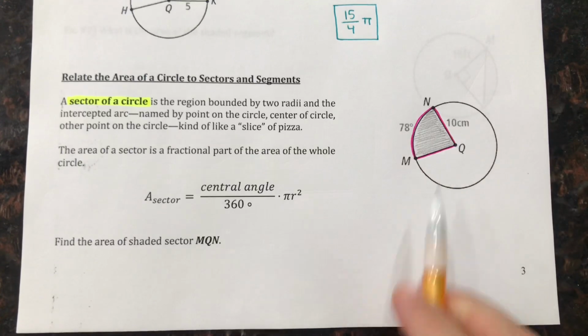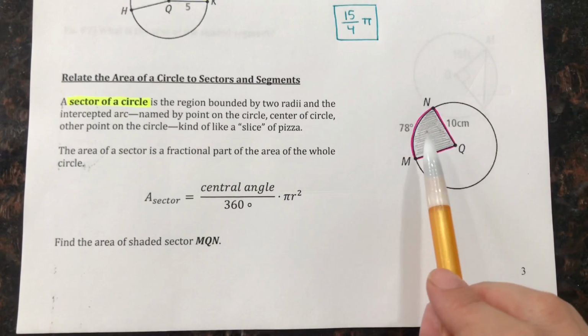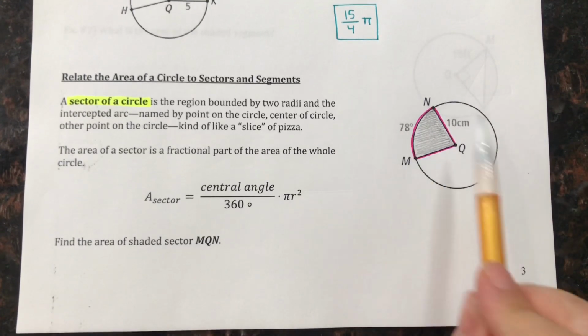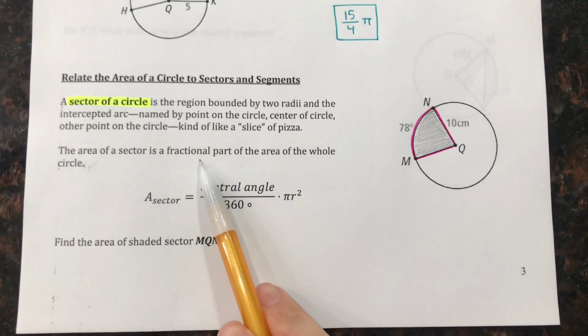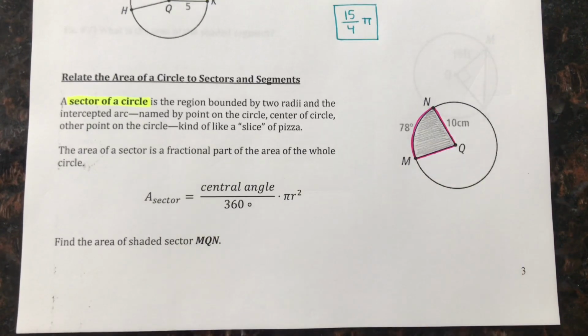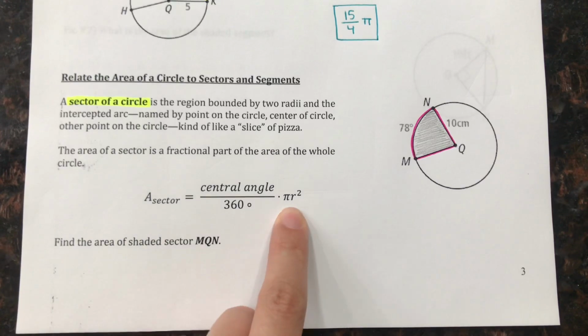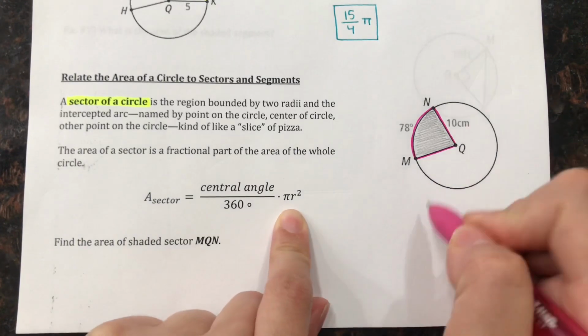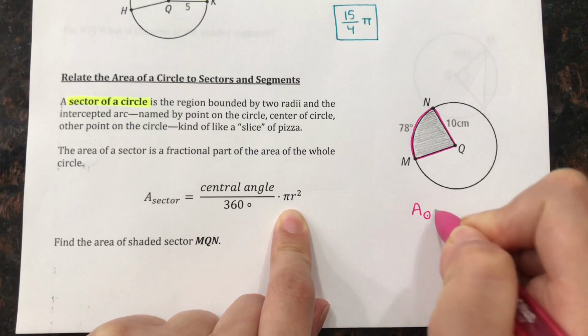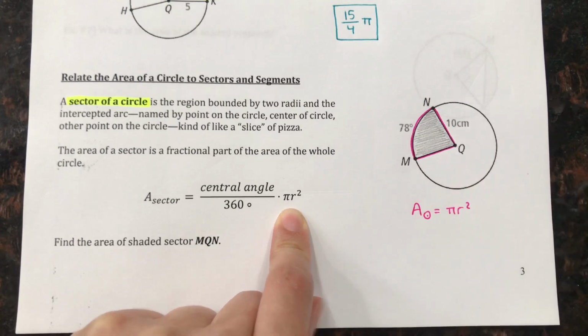The area of this sector is a part of the whole circle's area. It's a fractional part of the area of the whole circle. So our formula is similar to how we did arc length, where we do the central angle over 360 times pi r squared. You'll remember that the area of a circle is pi r squared.